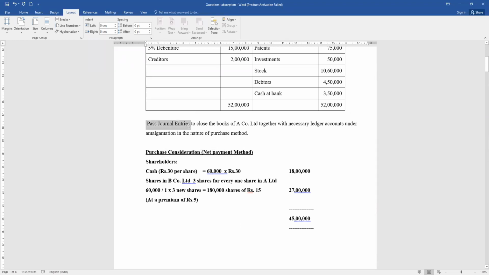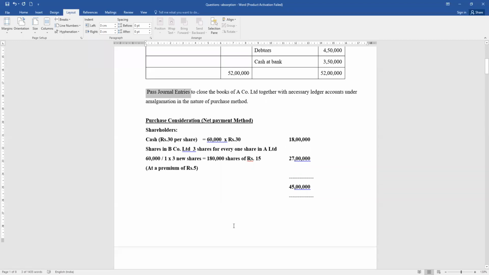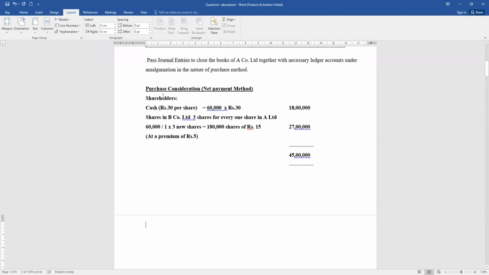So next, they asked you to pass the journal entries to close the books of A Limited. Okay, we will start with the journal entries in the books of A Limited. A Limited is the selling company.